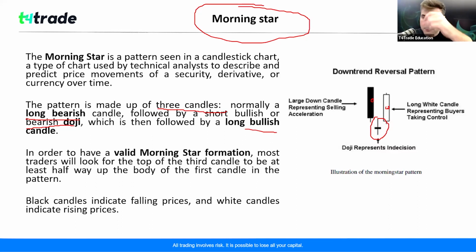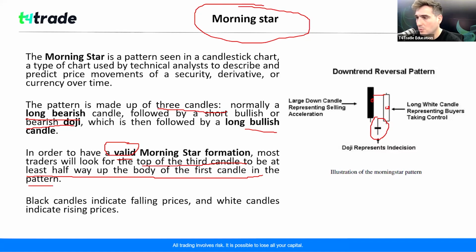In order for a morning star pattern formation to be valid, most traders will look for the top of the third candle to be at least halfway up the body of the first candle in the pattern.